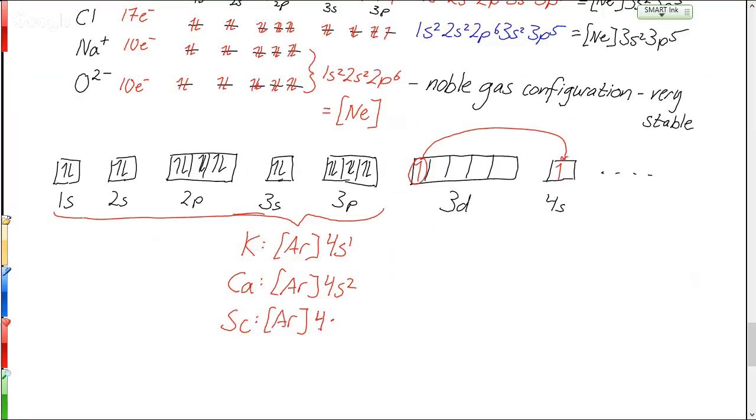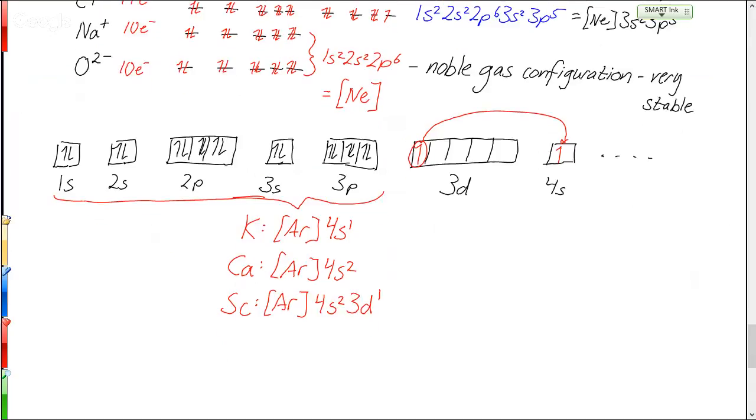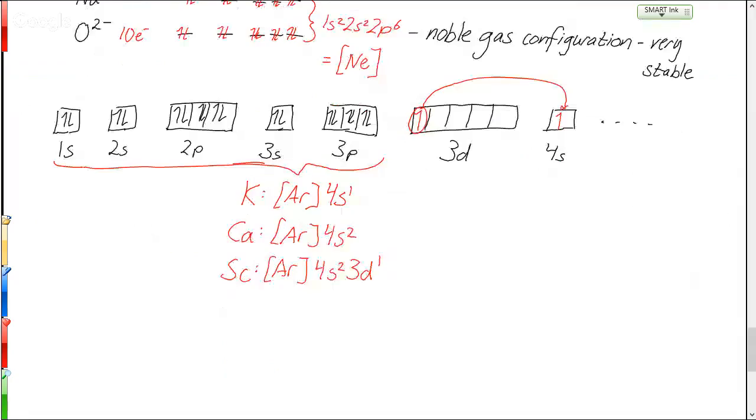So the electrons would go into the d, but 2 of them get bumped up into the s. And then we start counting up like normal. So titanium, the next one over.